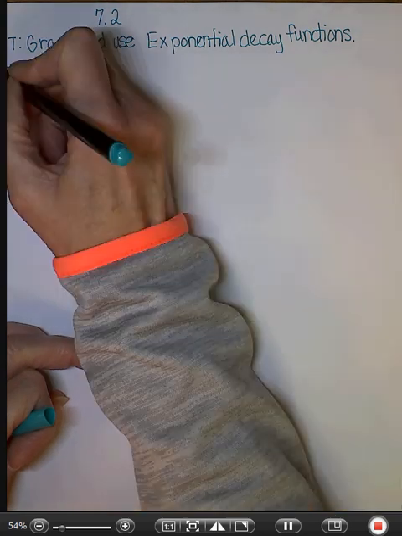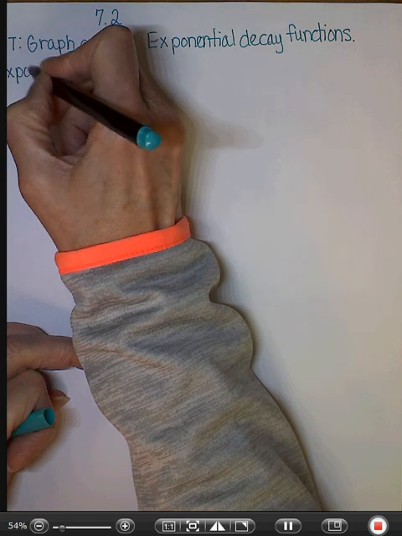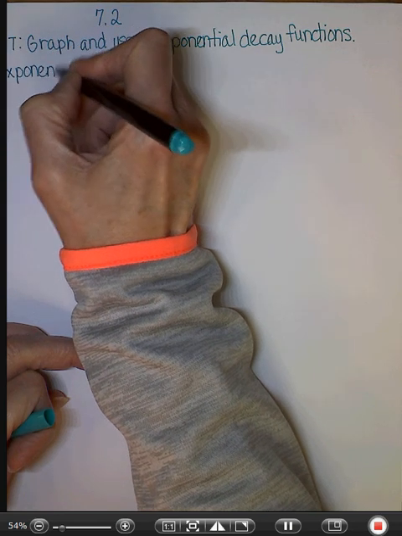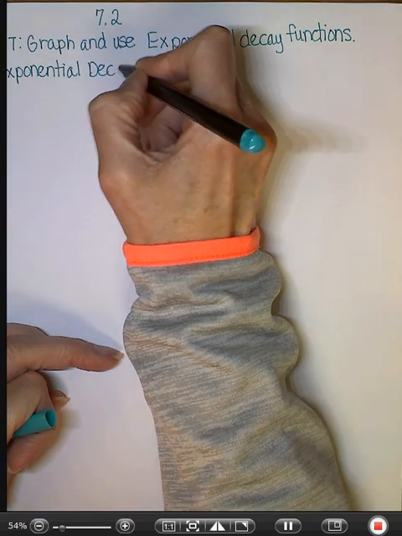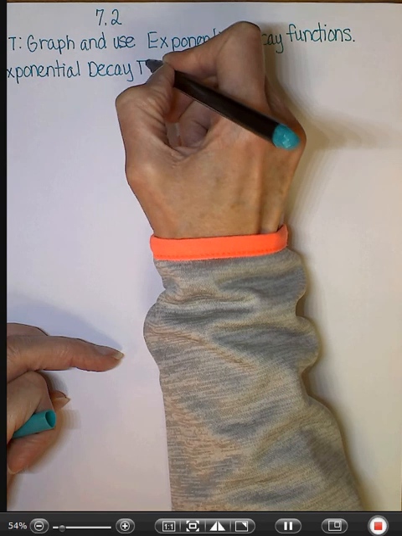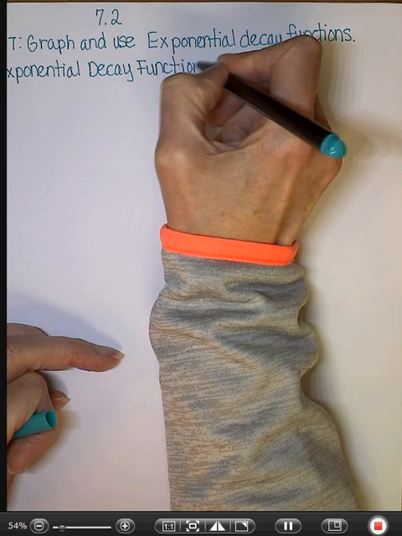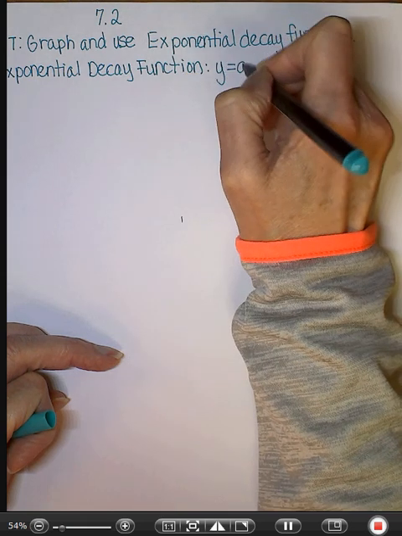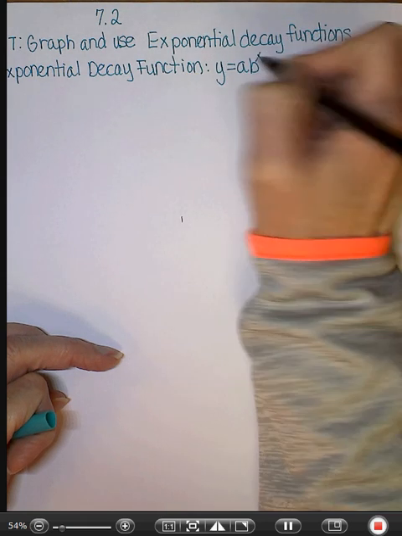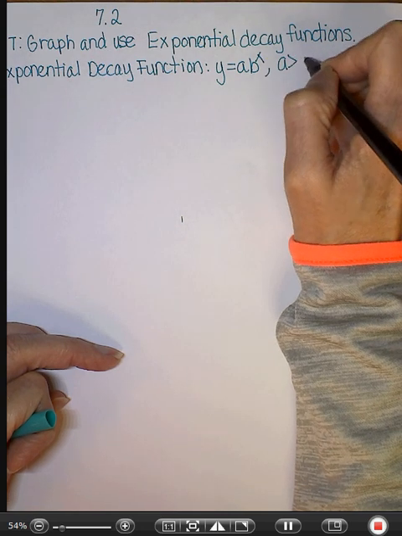So let's define what the exponential decay function looks like. It looks exactly the same as far as the equation goes: y equals a b to the x power, and remember a has to be greater than 0.